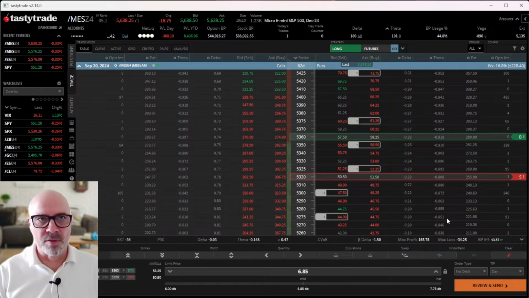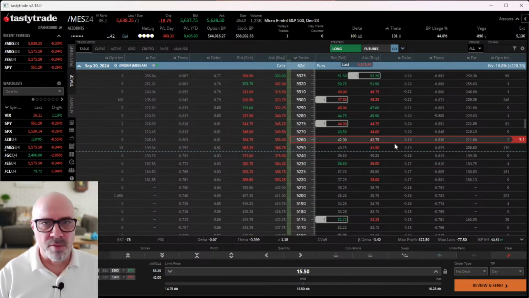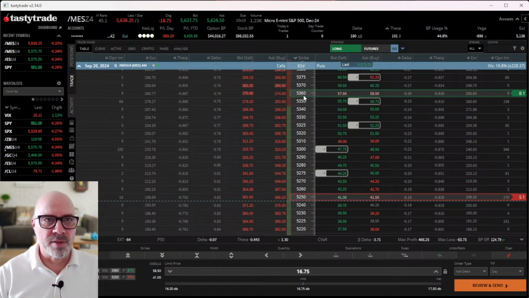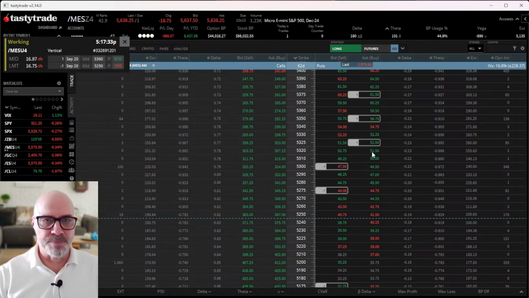That's 30, I'm sorry, these are smaller strikes, so I need to go something like this. This is 5360, 50, so 110, and so let's just try and see if there is more liquidity here, if we can do that.